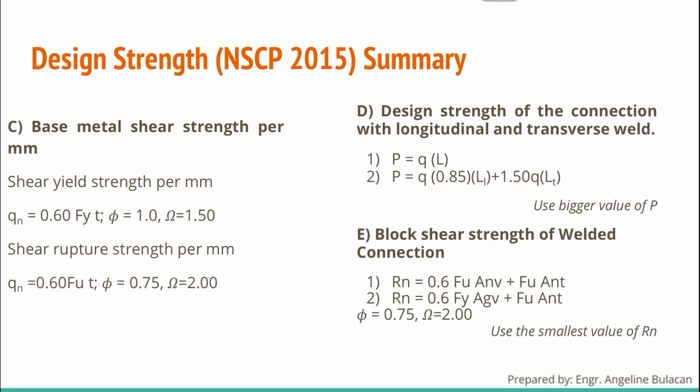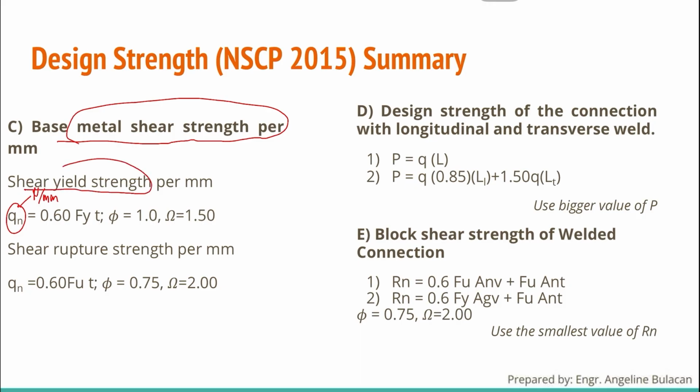Then, the design strength based on the metal shear strength. So, the shear strength of the metal. The Qn here, for all the Q-class quantities, remember that the unit is always Newton per mm. So, use 0.6 times Fy, which is the shear yield strength.